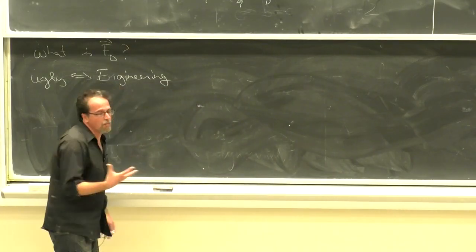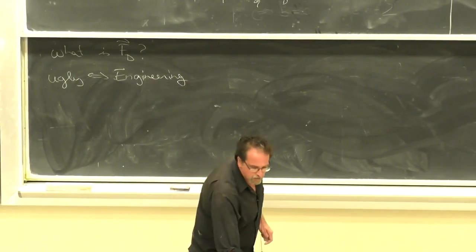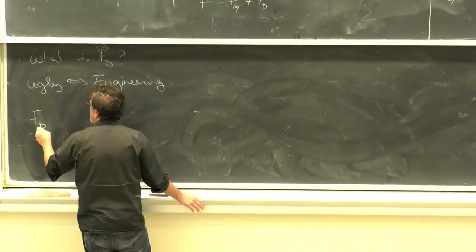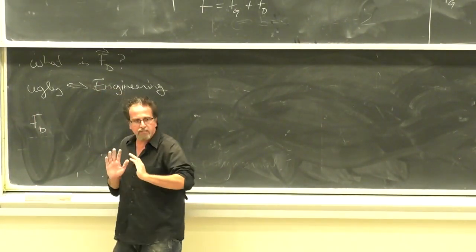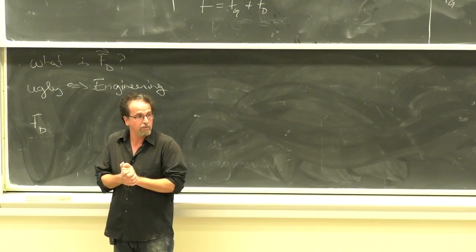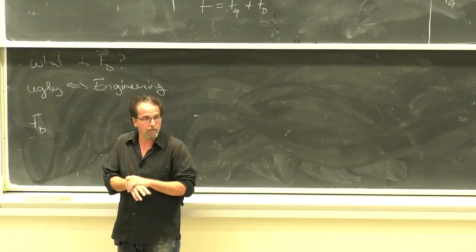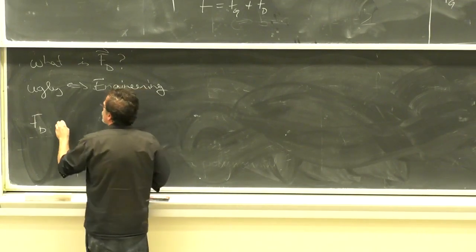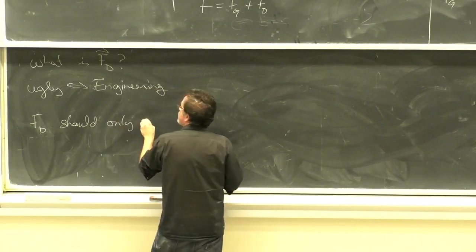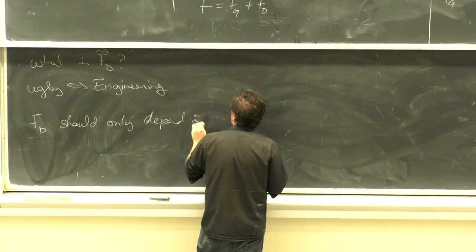Okay, let's talk about the drag force. So what do we expect of the drag force? FD, well, if the object is stationary, it should not experience a drag force. So FD should not depend on position. FD should only depend on velocity.